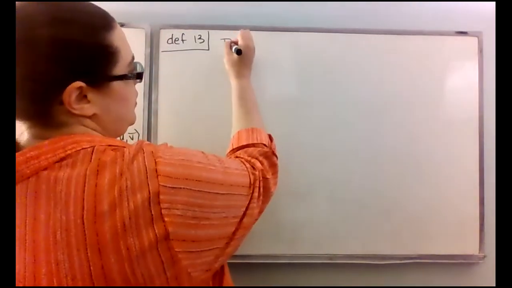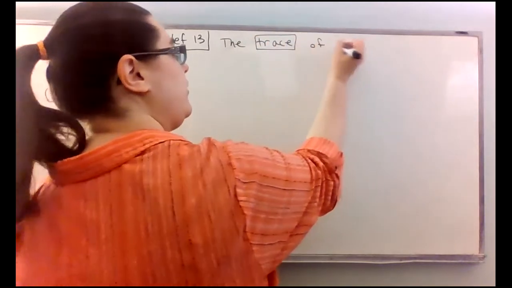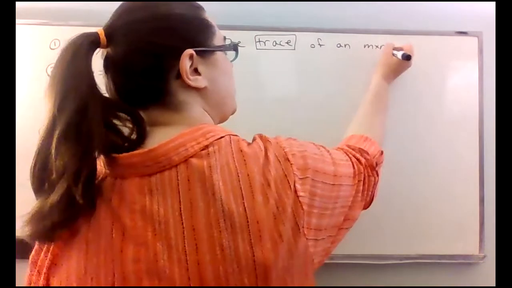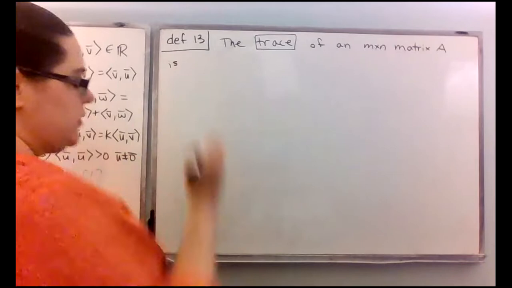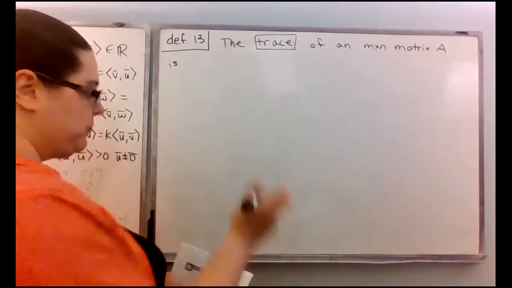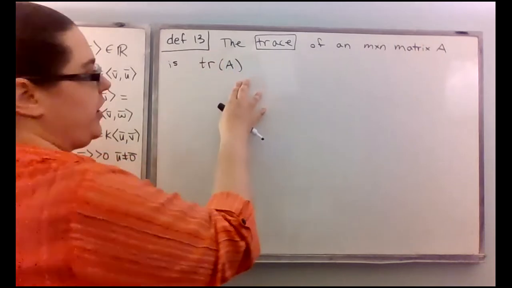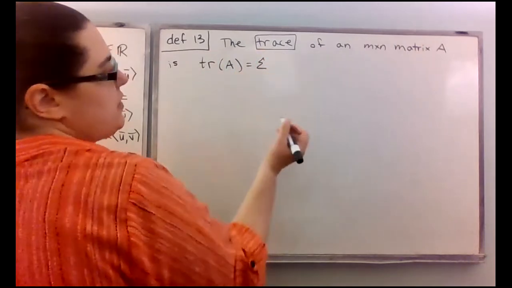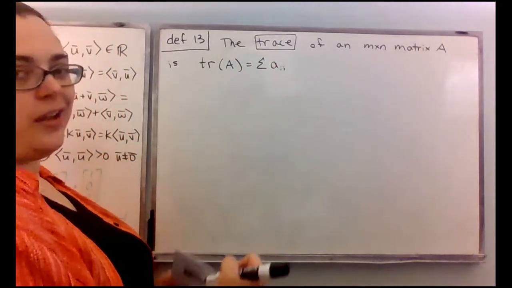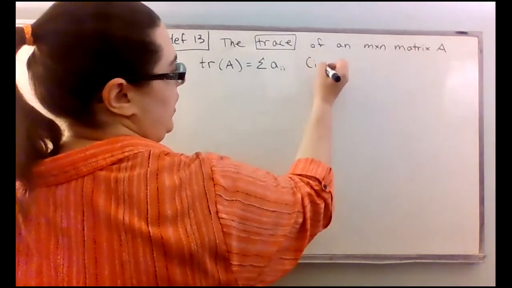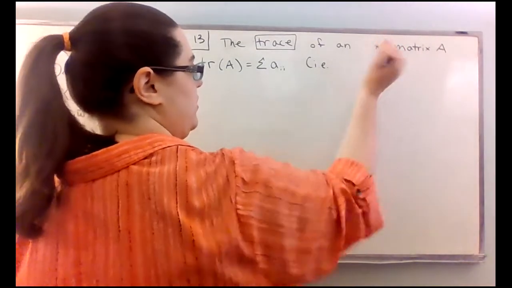So the trace of an m by n matrix A is, and the notation that we're going to use is tr(A). So this is going to be our trace of A. That's going to be the sum of the ith entry, in other words, i.e., this should have been n by n, sorry about that.